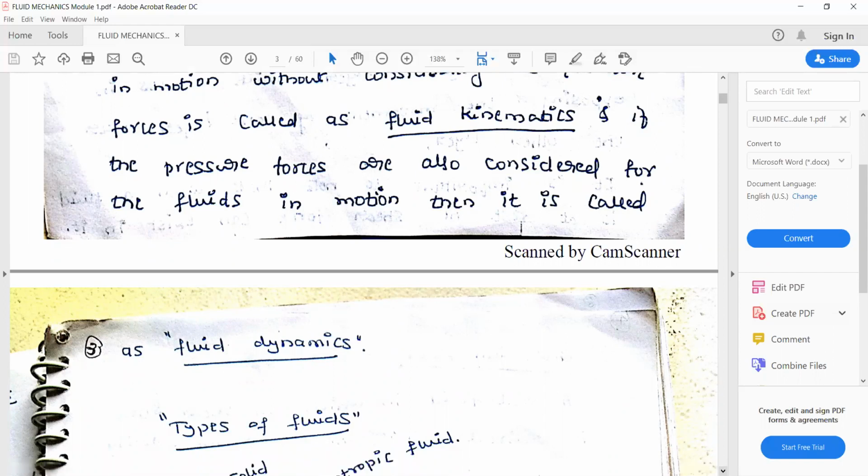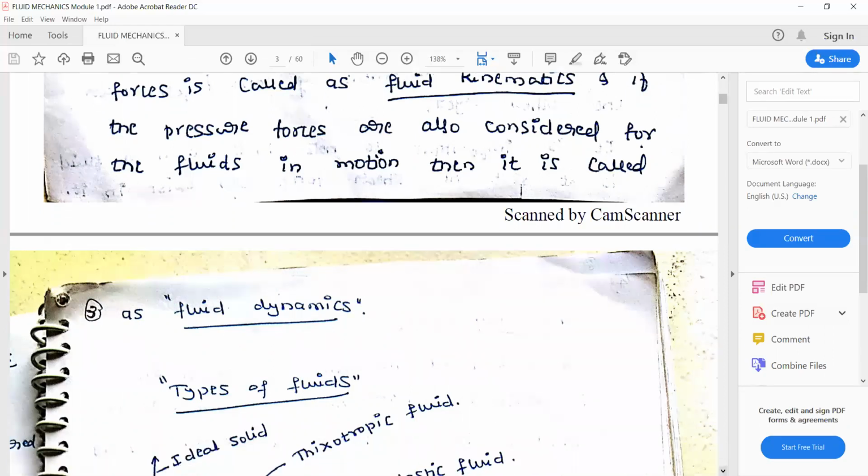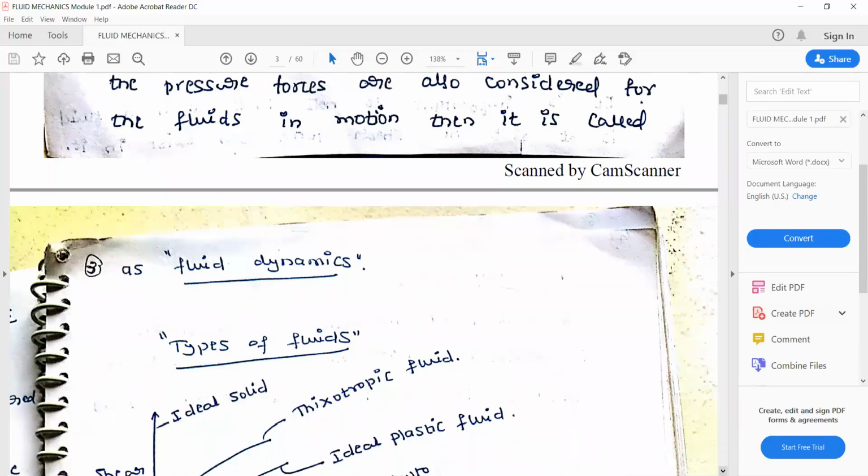Now we have discussed what fluids are, the different types of fluids, and the different branches of fluid mechanics. Let me summarize. A fluid is a substance that can easily flow and will not offer any resistance to applied shear stress.